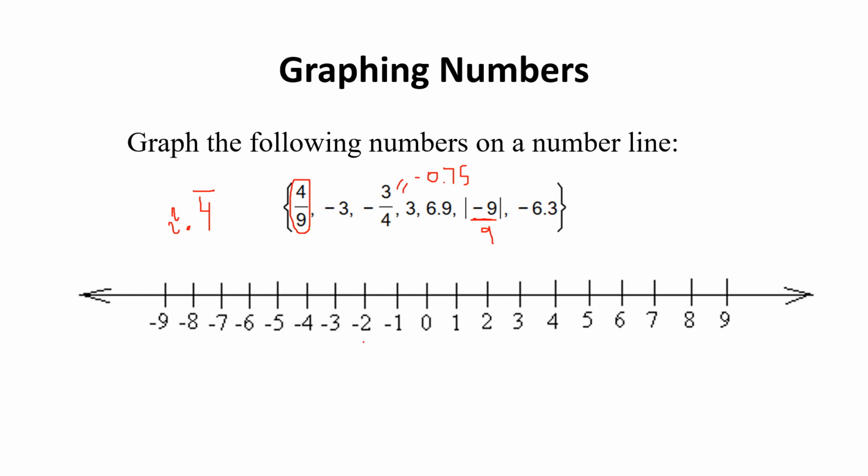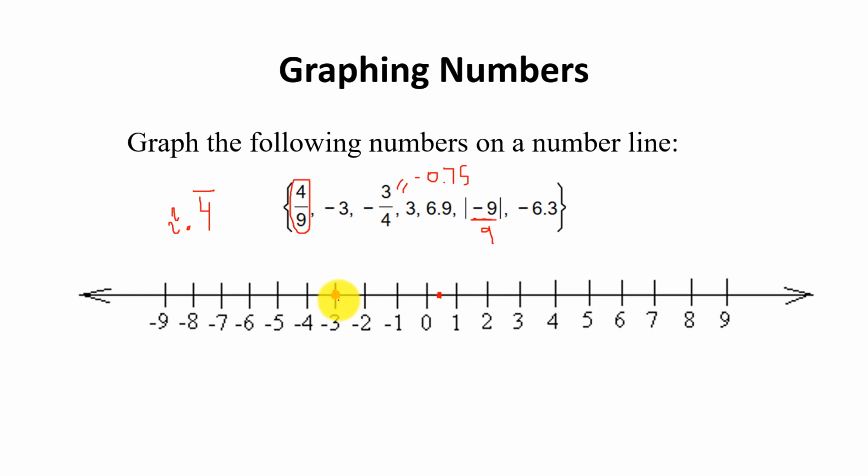So graphing each of these, we begin with 4/9, which is 0.4 repeating. So 0.4 repeating is a little bit less than half on the positive end. So that would be about here. Next is -3, that's to the left. So that's smaller.